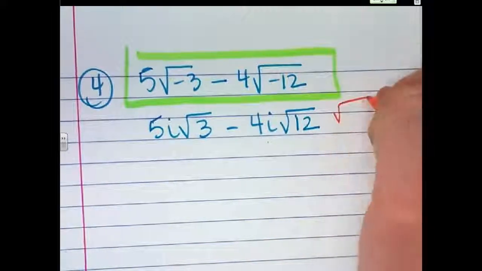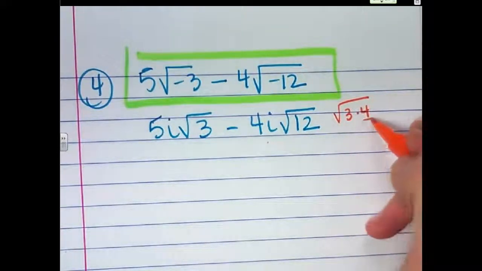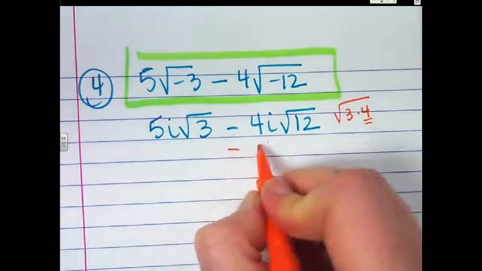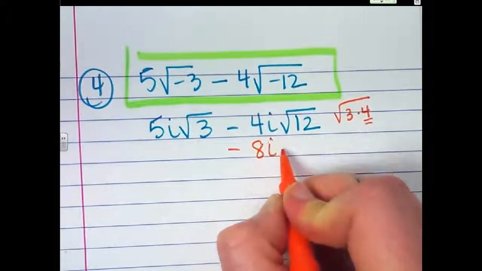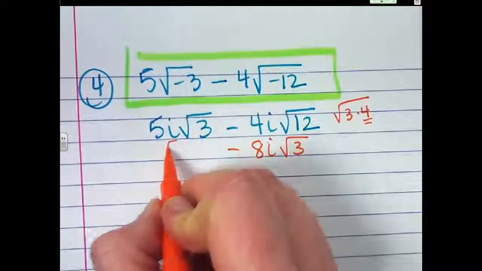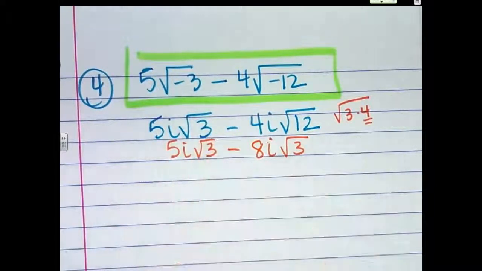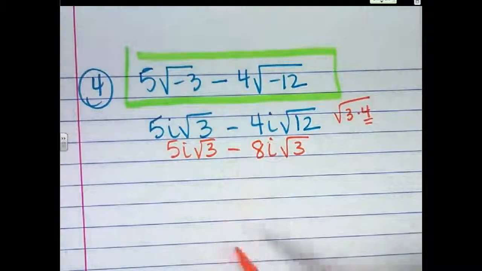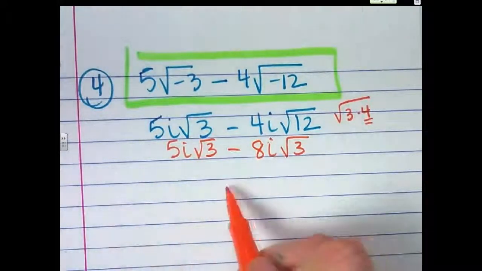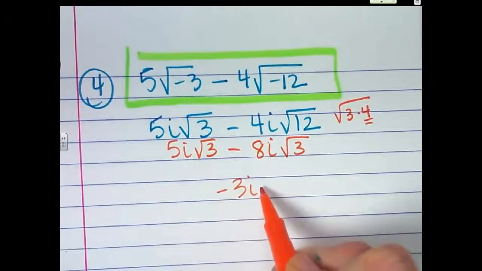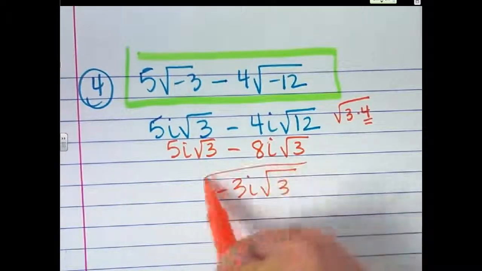So if we break up this 12 into 3 times 4, I can bring out a 2, which makes this 8i square root 3. So what's my final answer here? Negative 3i square root 3. Perfect.